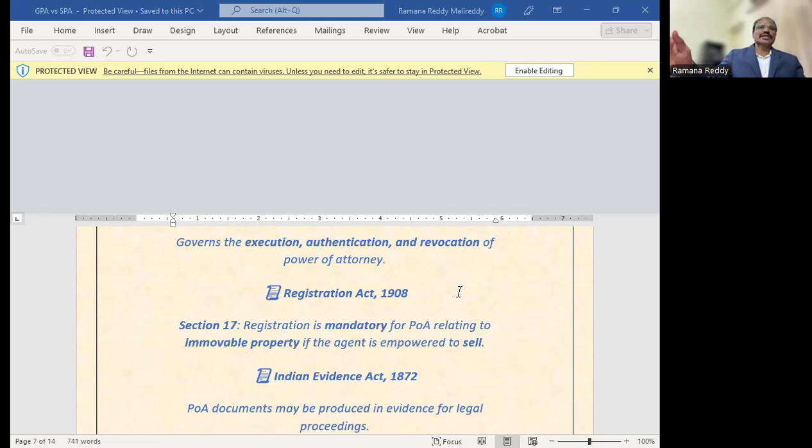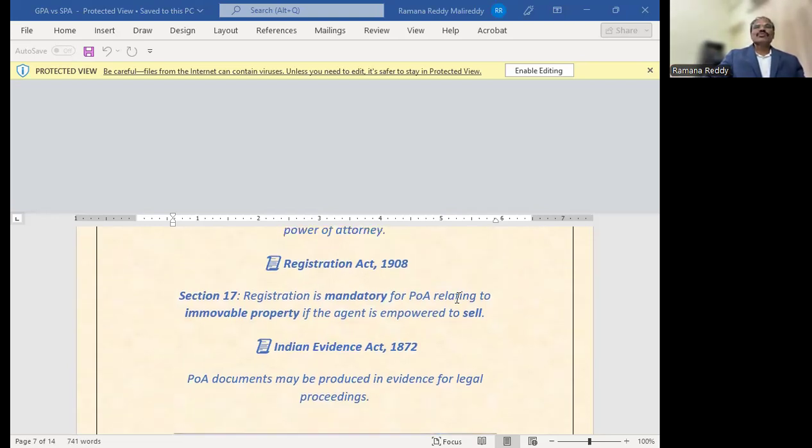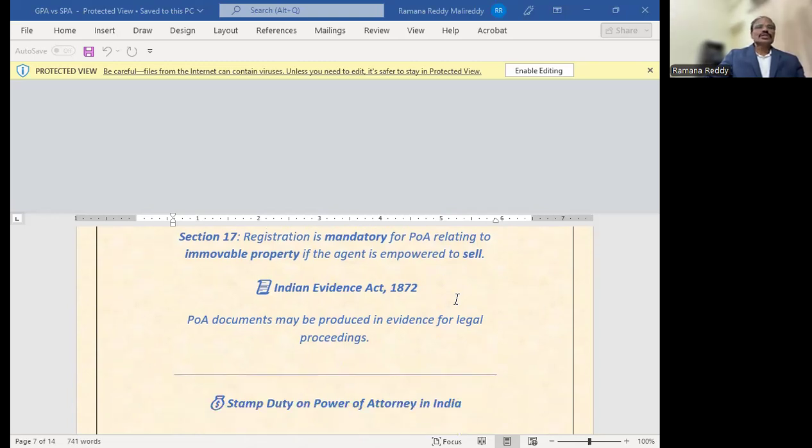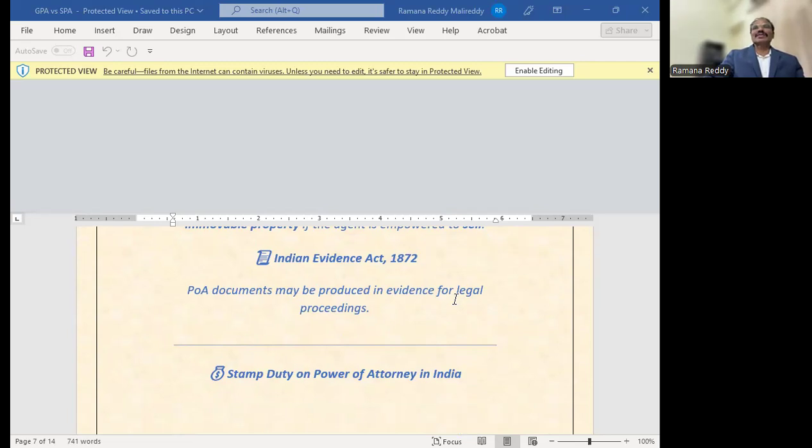Registration is mandatory for a POA relating to immovable property if the agent is empowered to sell. Then the fourth act, the Indian Evidence Act 1872. The POA document may be produced in evidence in legal proceedings.